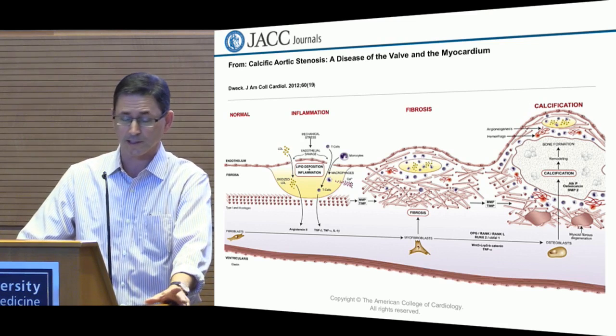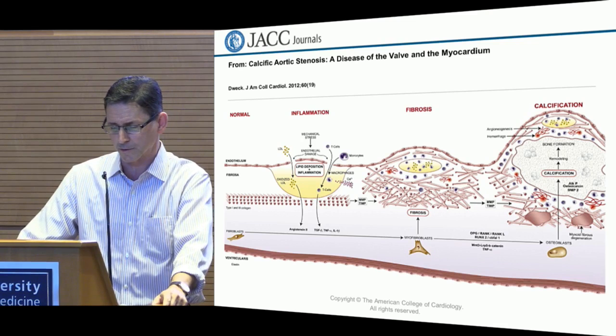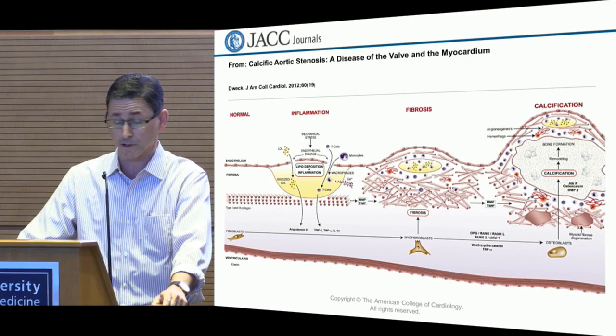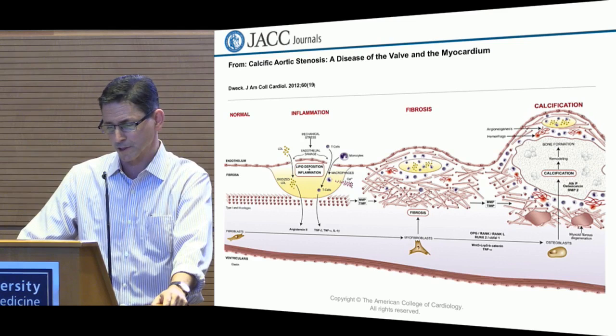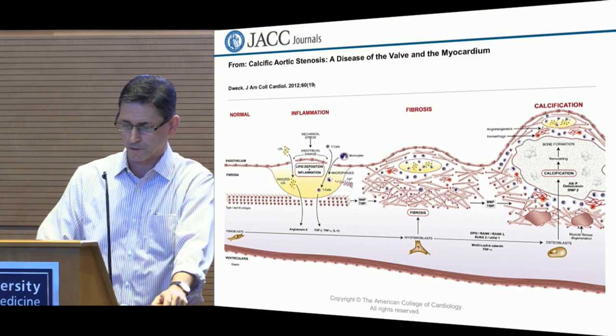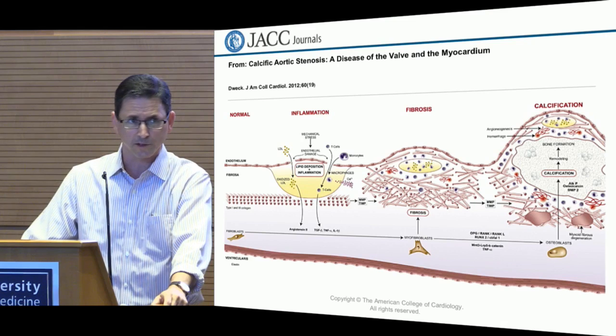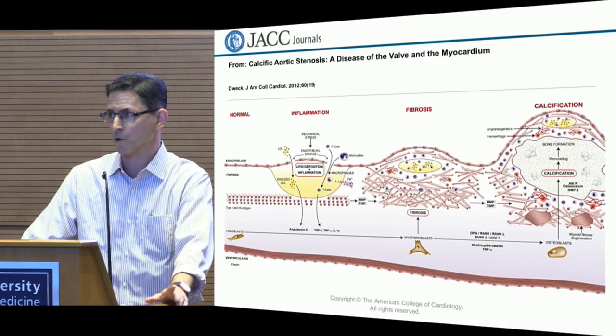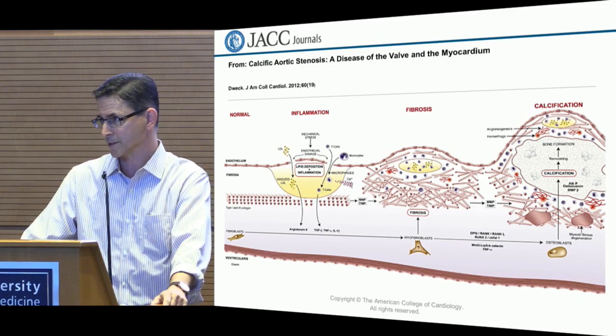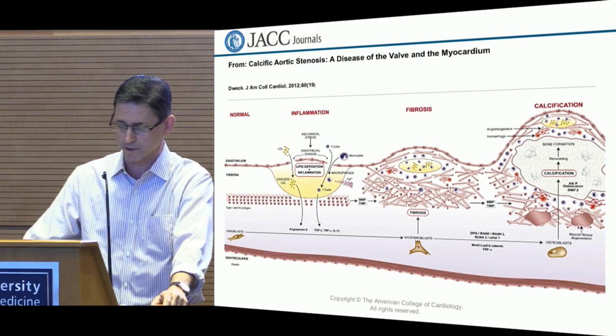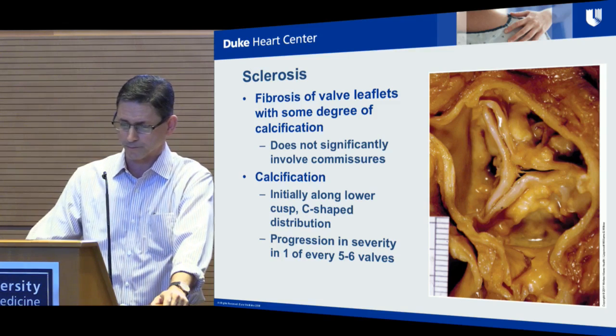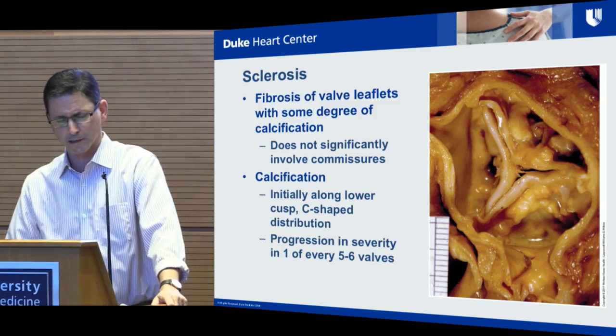But the take-home is just that this is a very progressive and destructive process, and so the valves that are diseased are very different from the native valves. As somebody who also works with companies in development, you always have to keep in mind that a normal model in animals can be very hard to extrapolate. This is what they look like.